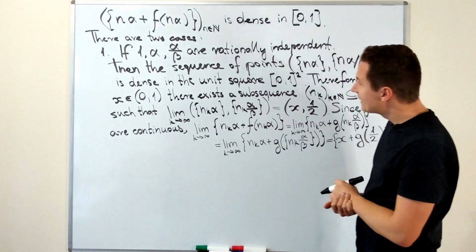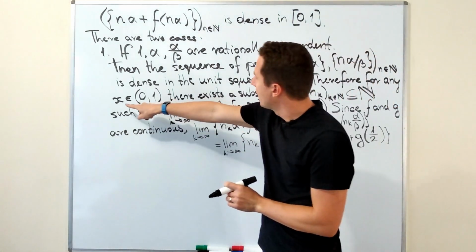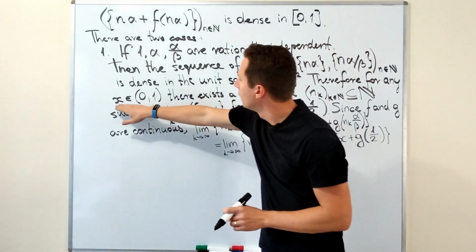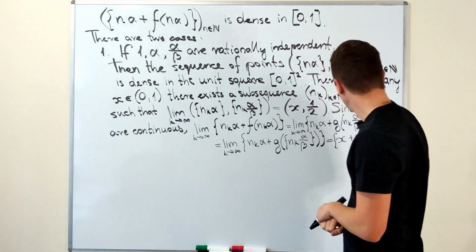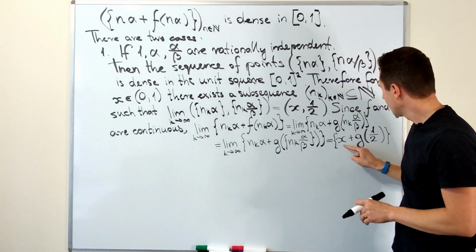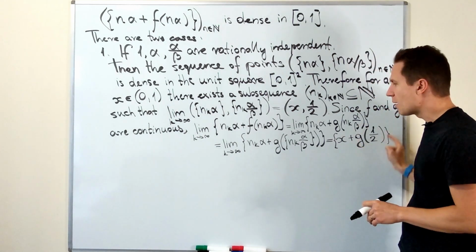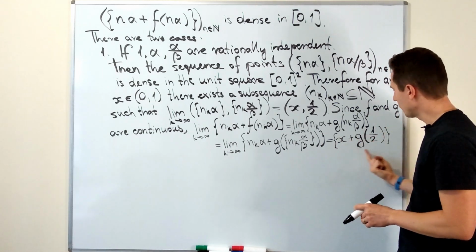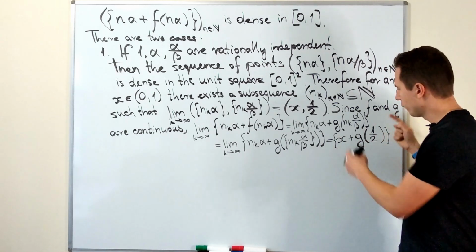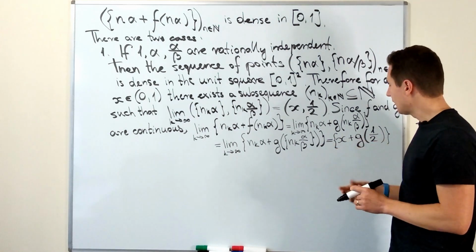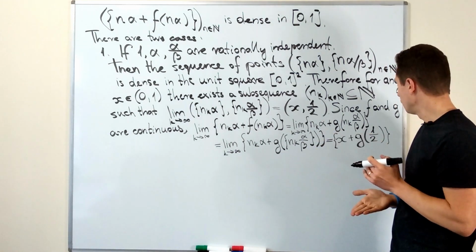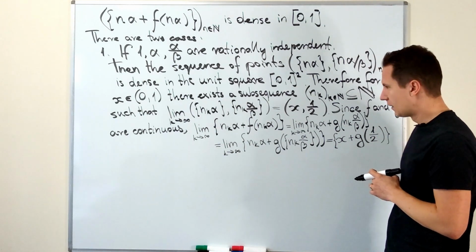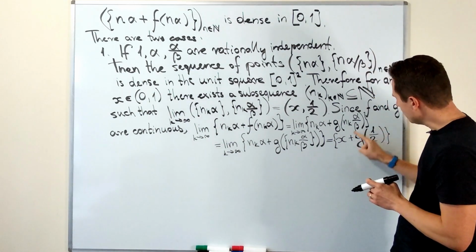Okay, and since x was an arbitrarily chosen number on the unit interval, this means that this expression, x plus g of 1/2 fractional part, can result in any number that we want. That's an important thing. This is just a constant added to x.